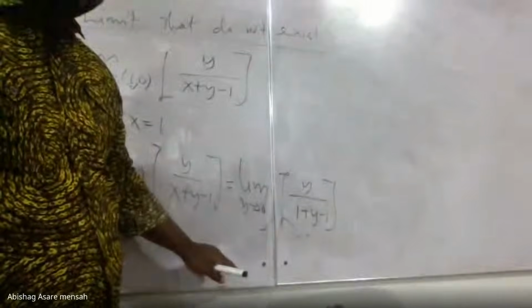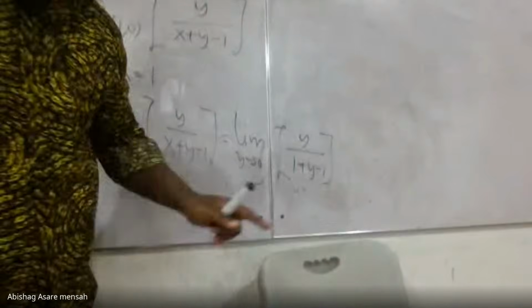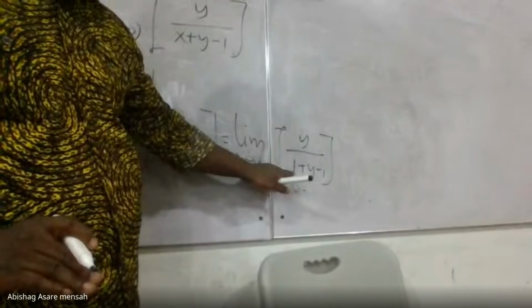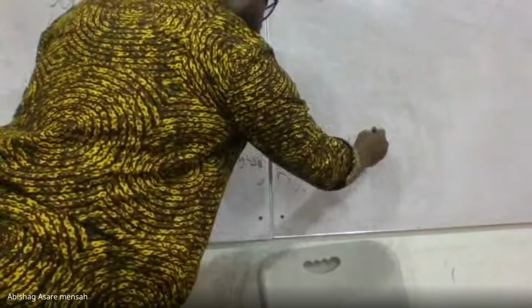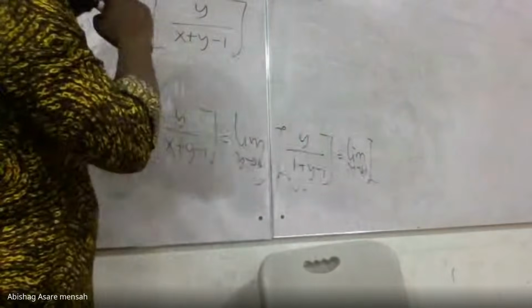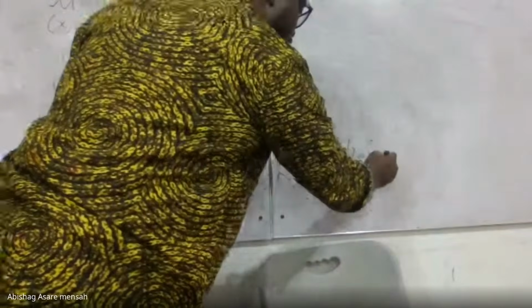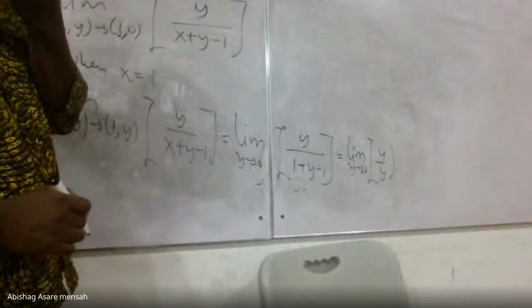So at the end, I have the limit as y approaches 0 of y over y. I know y over y is what? 1.